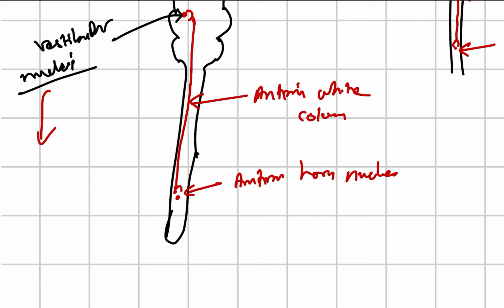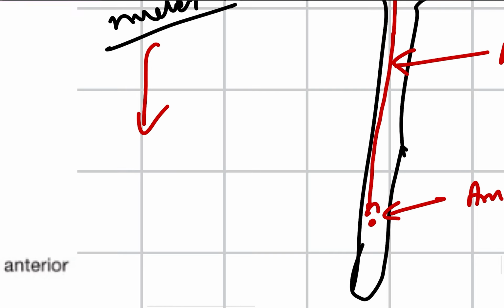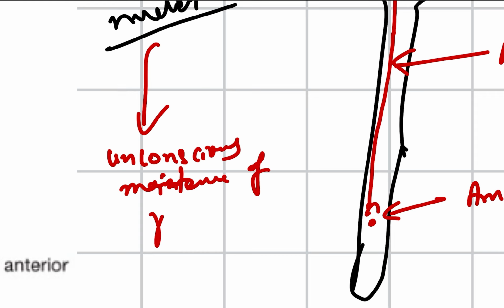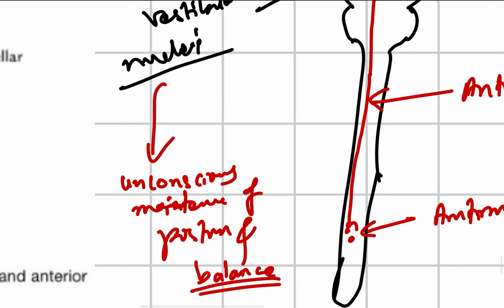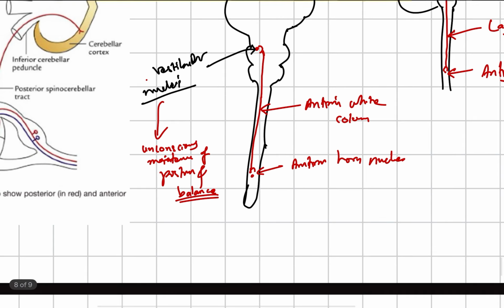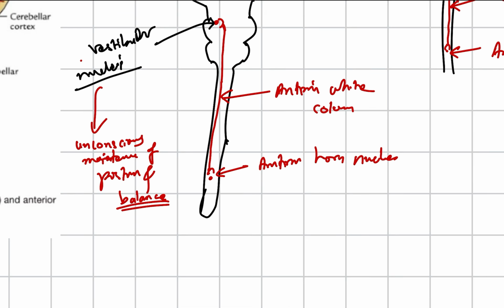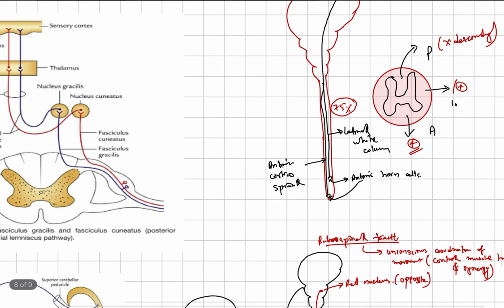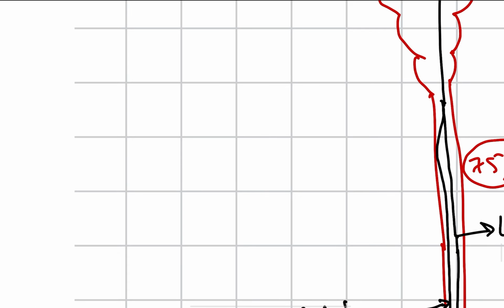The function of this is unconscious maintenance of posture and balance. The vestibular system is controlled by the vestibular region of the ear. And another is the tectospinal tract.